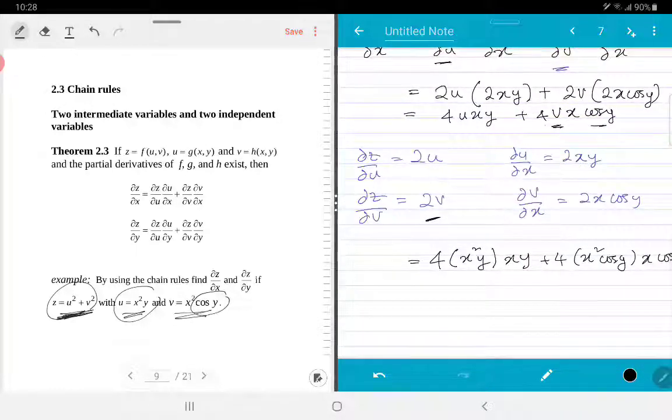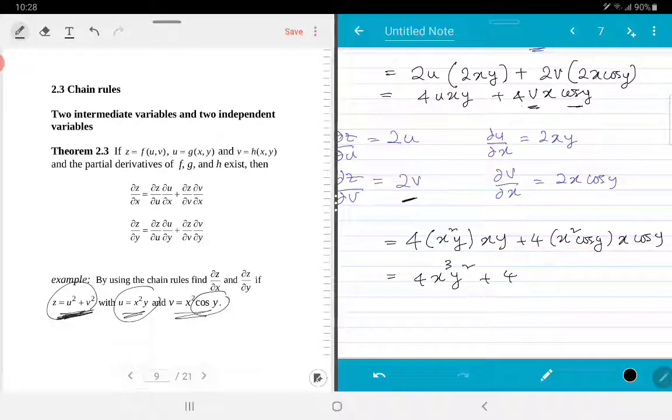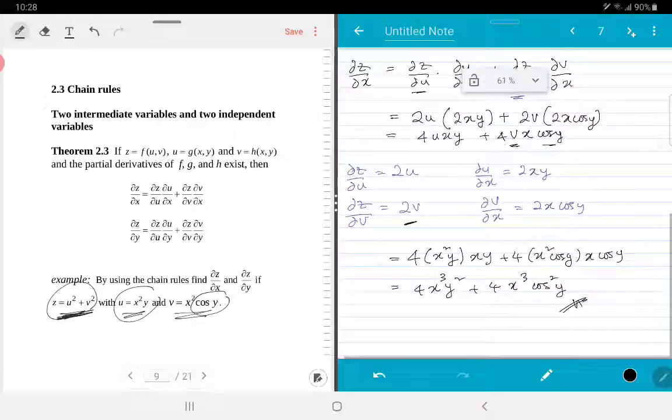Then simplify it even further, we have 4x cubed y squared plus 4x cubed cos squared y.